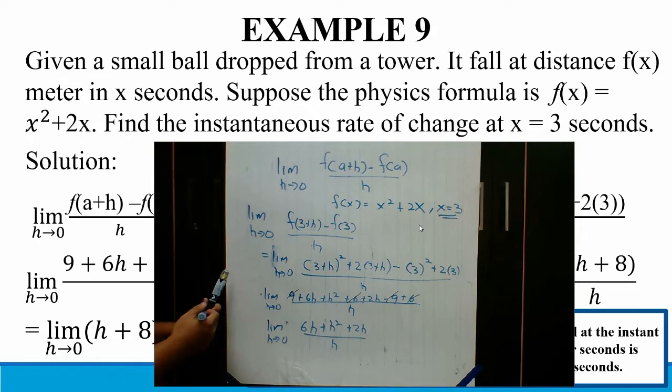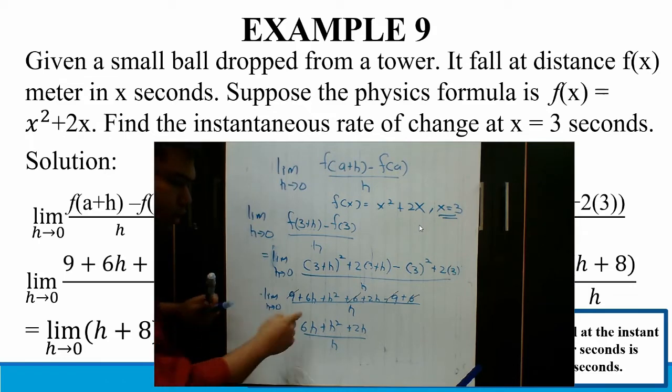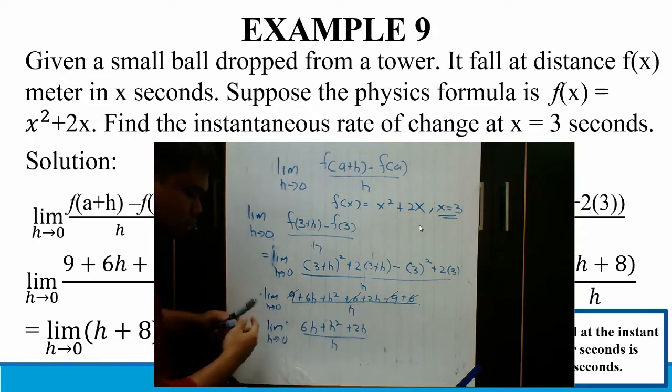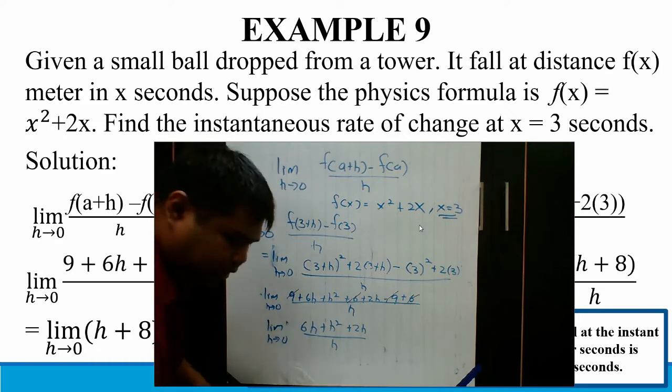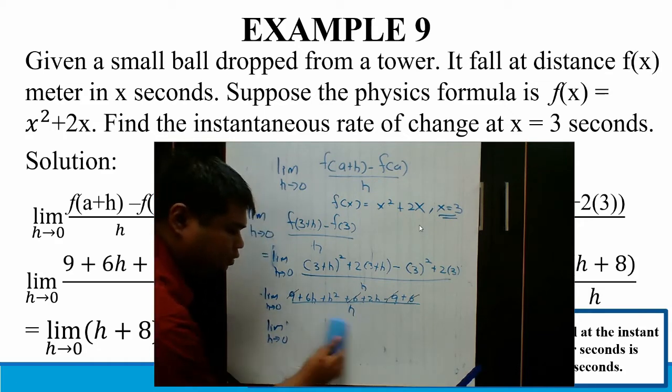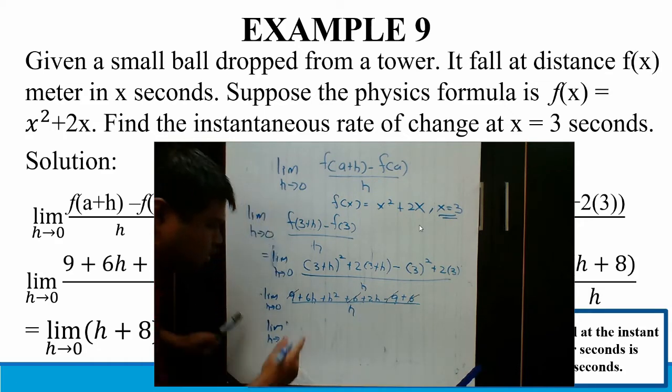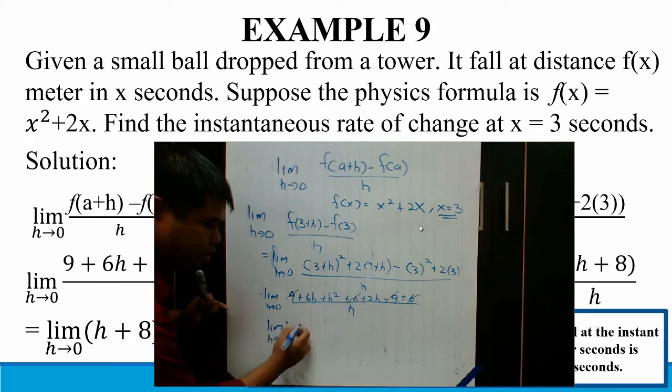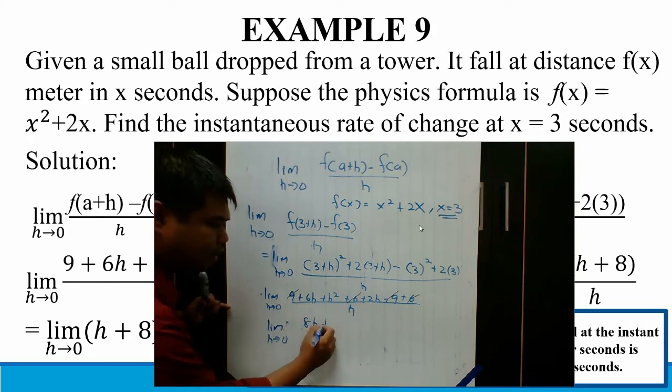I can combine 6h plus 2h to become 8h plus h squared, divided by h.